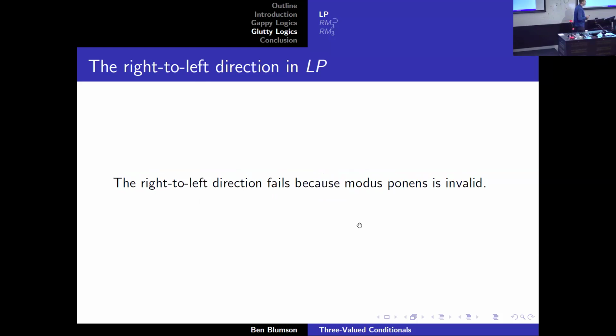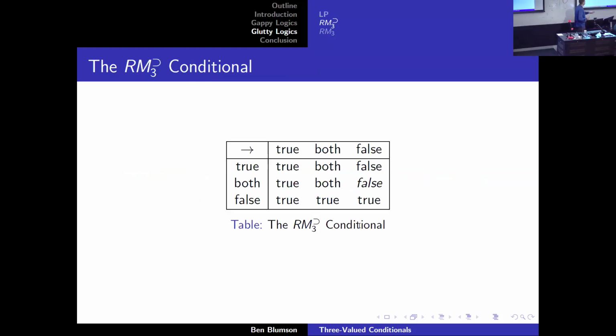Okay, so it seems debatable, but it seems to be a bad thing about LP that modus ponens is invalid. Okay, so maybe we can fix that if we change this to false. Before it was both, if we change it to false, modus ponens will be valid after all, and then you get the logic that Arnon Avron calls RM3 hook.